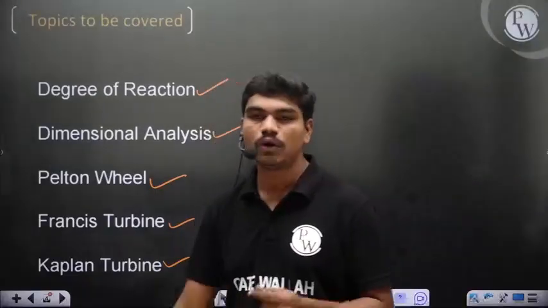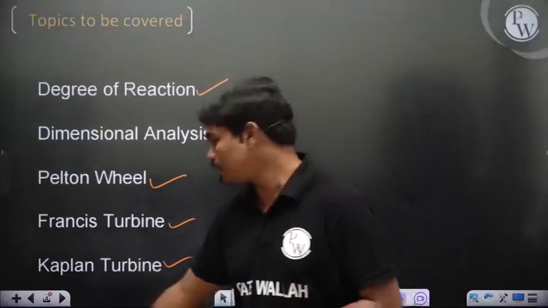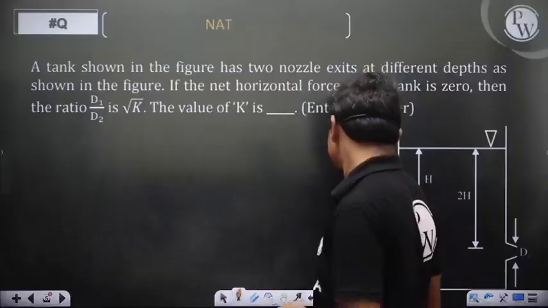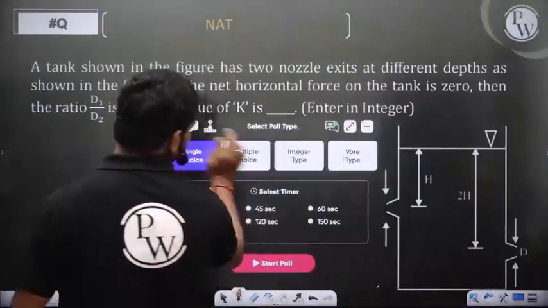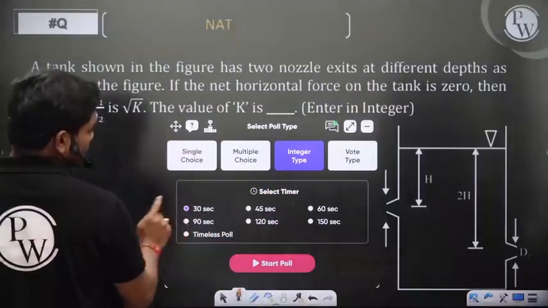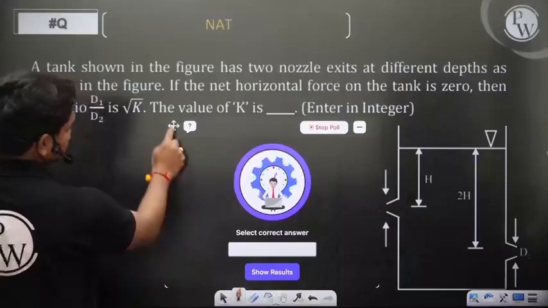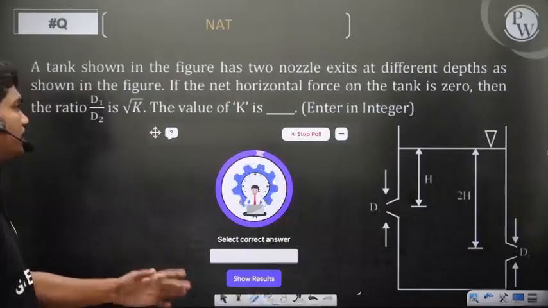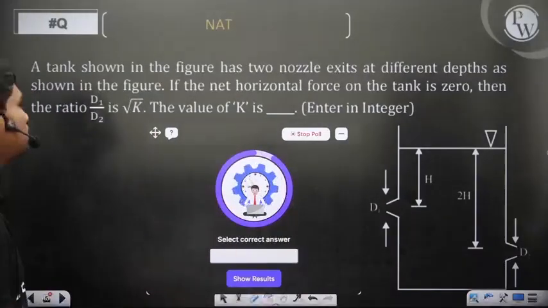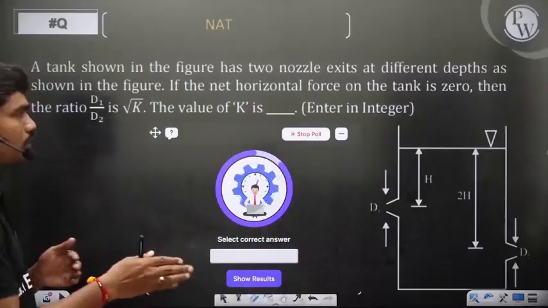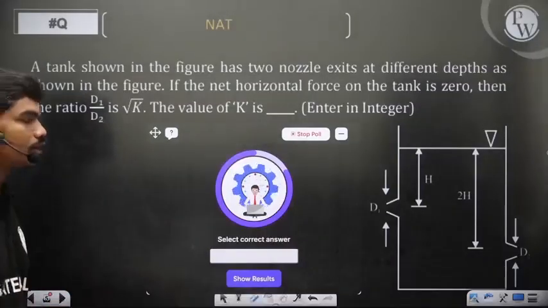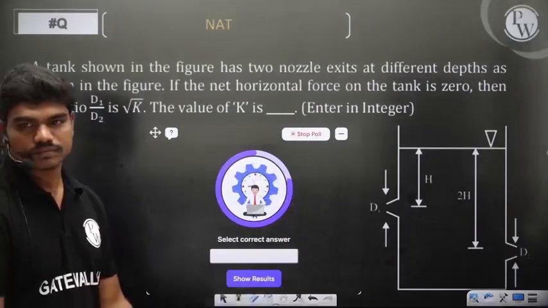इससे पहले मैंने होमवर्क दिया था लास्ट क्लास में. किसी ने सॉल्व किया? So इस क्वेश्चन किसी ने सॉल्व किया था? मैं पोल एक्टिवेट कर रहा हूँ. मान लो कि अगर आपने सॉल्व किया तो आंसर एंटर कीजिए. A tank shown in the figure has 2 nozzles at different depths as shown in the figure. If the net horizontal force acting on the tank is 0, the ratio of d1 by d2 is root k, value of k.